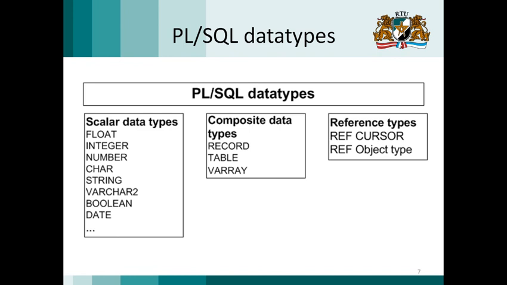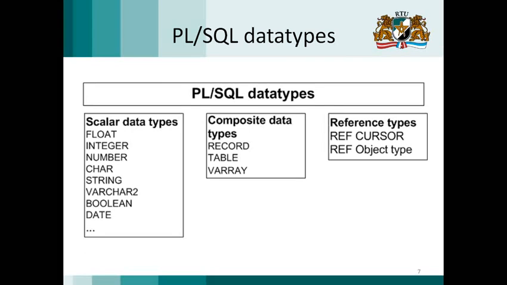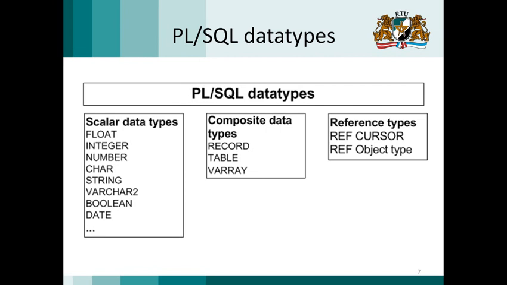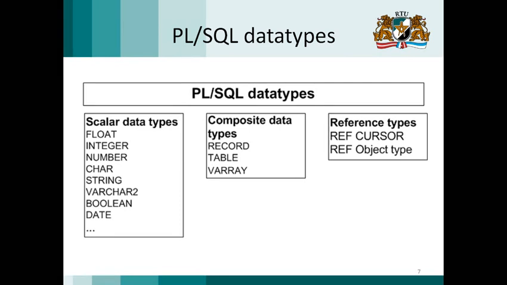For example, if column 1 has the data type of number, then we can only store one number in each of the rows. For example, in the first row we can store 2, in the second 3, 5, 2, and so on.